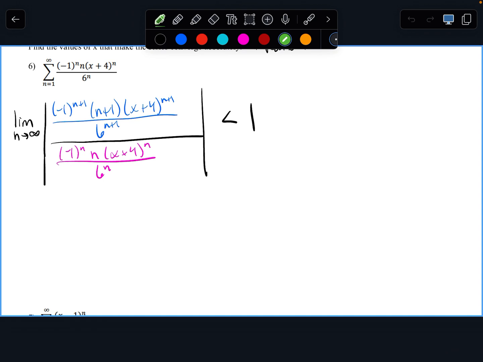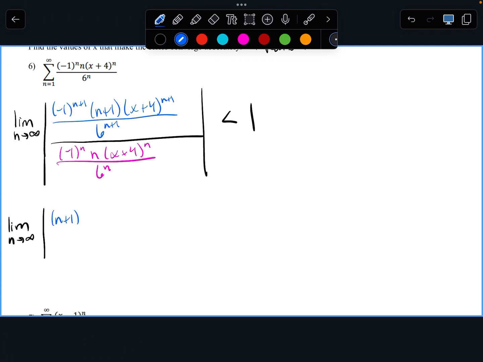So what you do is you do the ratio test. I usually do the n plus 1 on the top. So you put the n plus 1 on the numerator, and the denominator is the original. Then you can evaluate the absolute value with the negative ones. My next step would be the limit as n goes to infinity, and I multiply by the reciprocal.